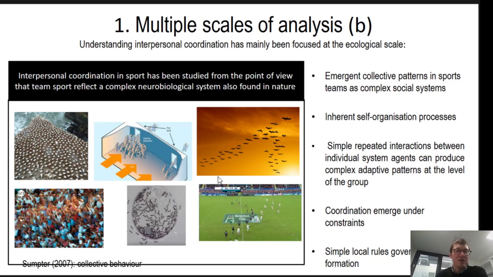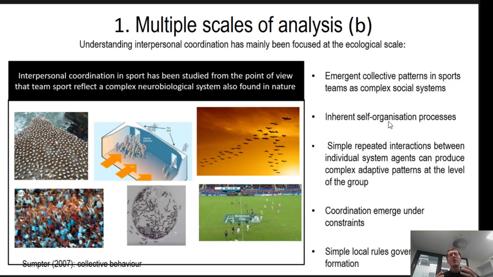There's an inherent self-organization process where some order or pattern emerges from simple rules among the system components. When I use this term self-organization, you probably heard that phrase before: something is equal to more than the sum of its parts, right? This phrase refers to this concept of self-organization.